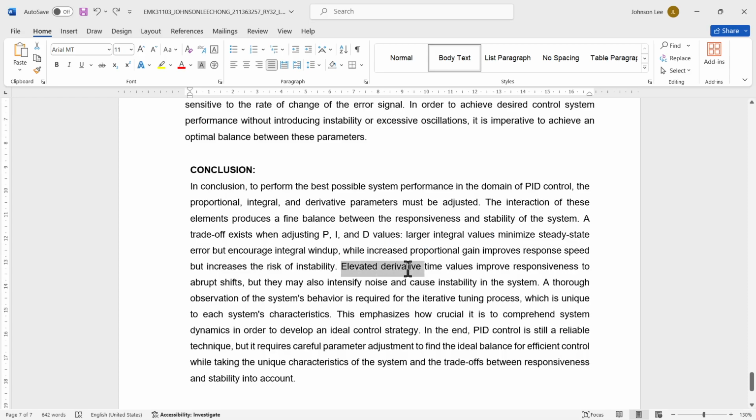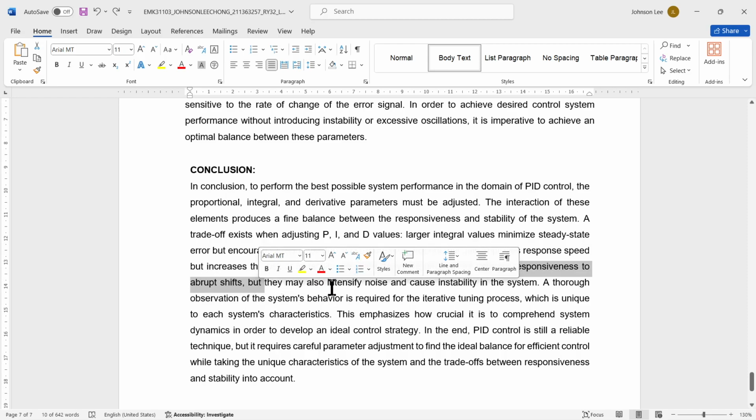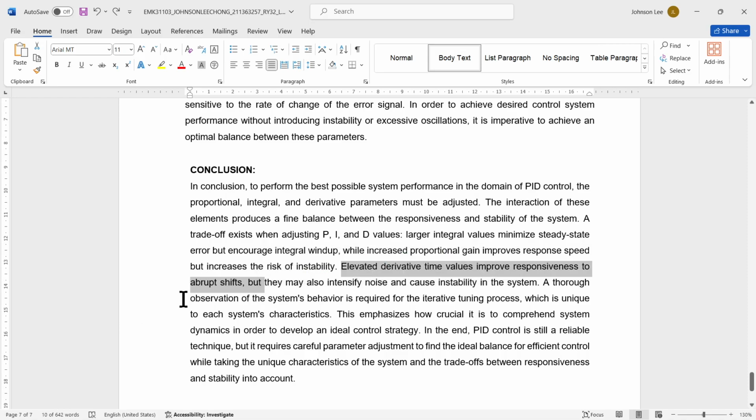Elevated derivative time values improve responsiveness to abrupt shifts, but they may also intensify noise and cause instability in the system. A thorough observation of the system behavior is required for the iterative tuning process, which is unique to the system characteristics.